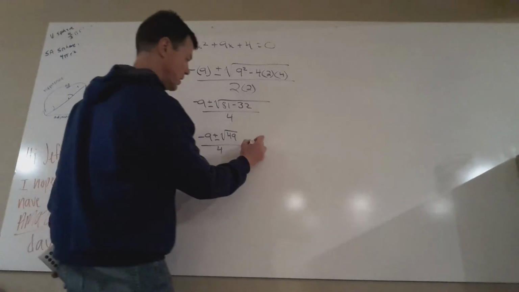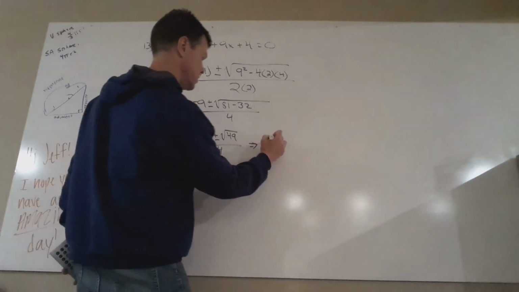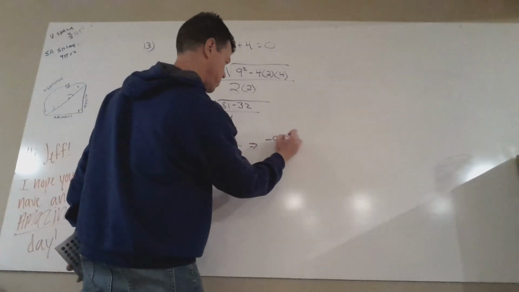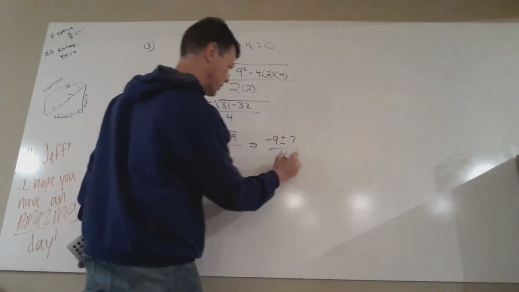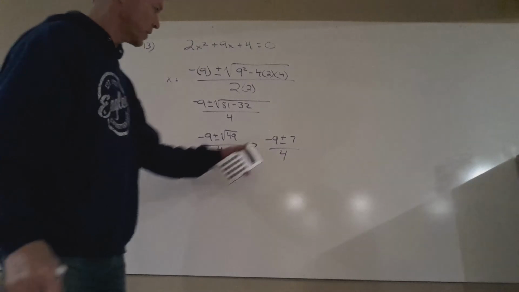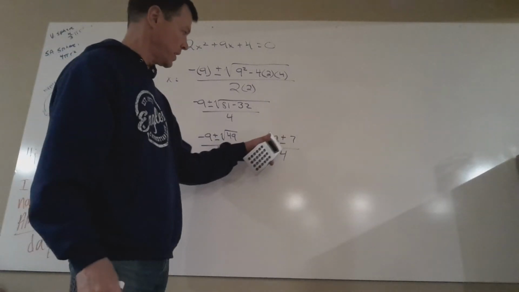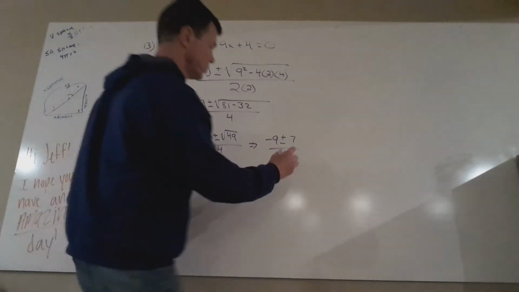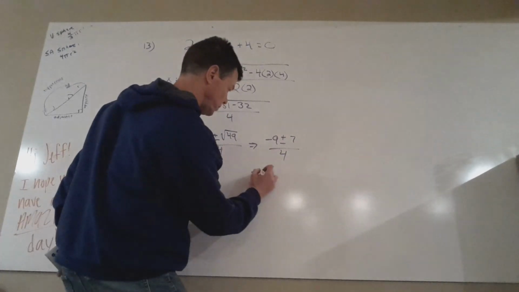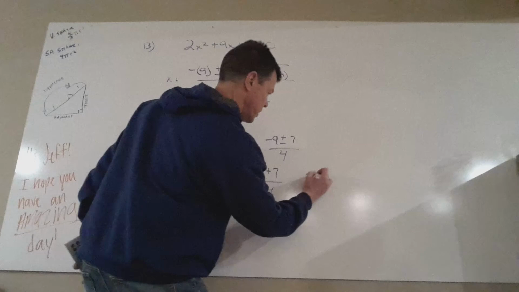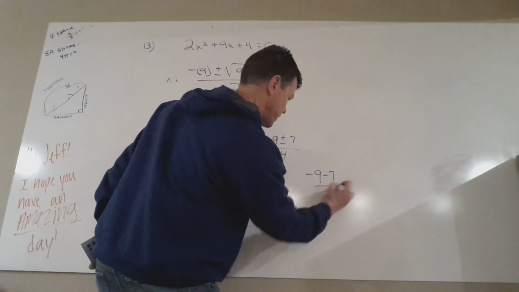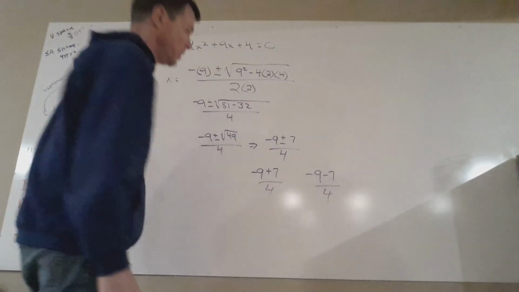So then here's our solutions. Negative 9 plus or minus 7 all over 4. So we have to figure for negative 9 plus 7 and negative 9 minus 7. Negative 9 plus 7 all over 4, negative 9 minus 7 all over 4.